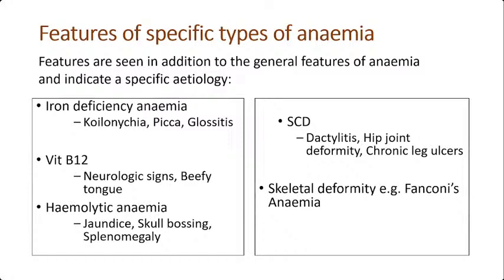And then in some other anemias, like Fanconi anemia, which is not a common anemia, it's a fairly rare, hereditary type of aplastic anemia, they do have some skeletal deformities. So by looking for other specific features, you may come to a conclusion or some idea of what might be the specific type of anemia that you're dealing with.